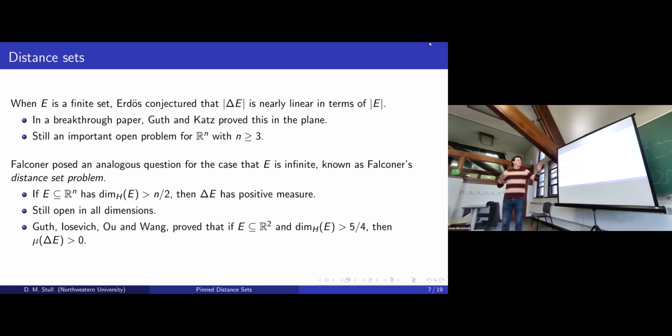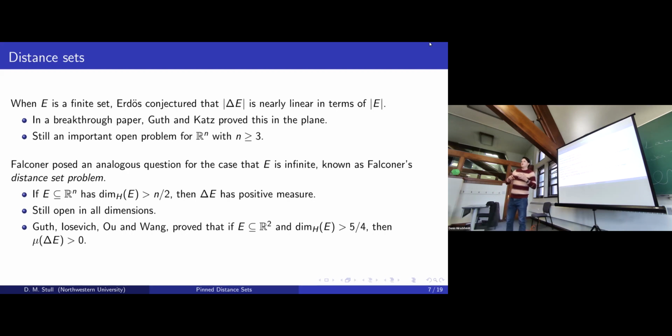So in R^2, Guth and Katz more or less solve this, I think up to a logarithmic term. But this is still a really important problem in the finite case for higher dimensions, so for dimensions greater than 2. So Falconer posed an analogous question when E is infinite, which is now known in geometric measure theory as Falconer's distance set problem.